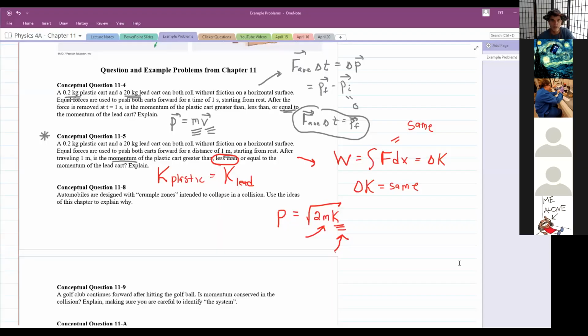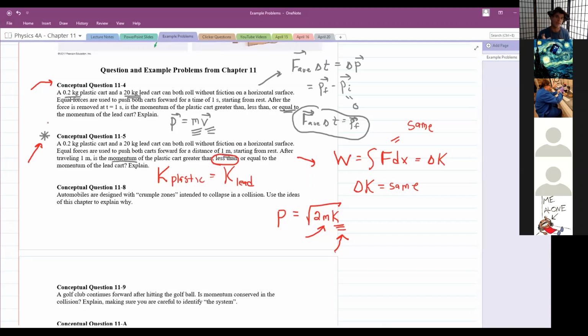Yes, keep in mind, in conceptual question 11.4, we had the same impulse, which means we had the same change in momentum. Since they both started from rest, they both ended with the same momentum. In the second question, we had the same work, which means they both end up with the same kinetic energy.